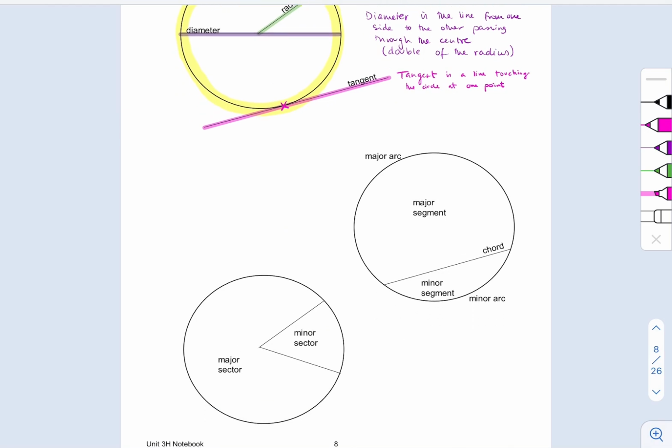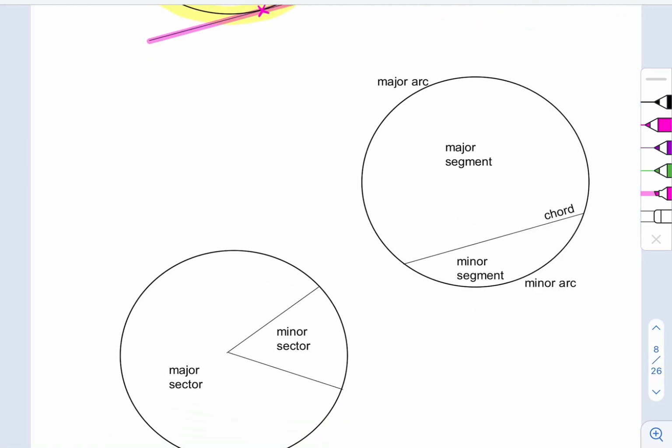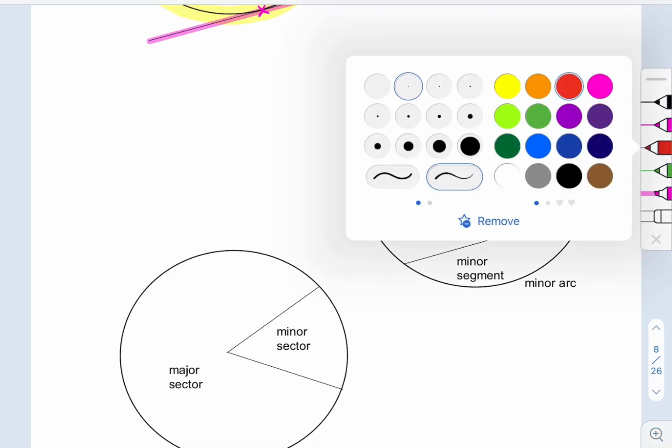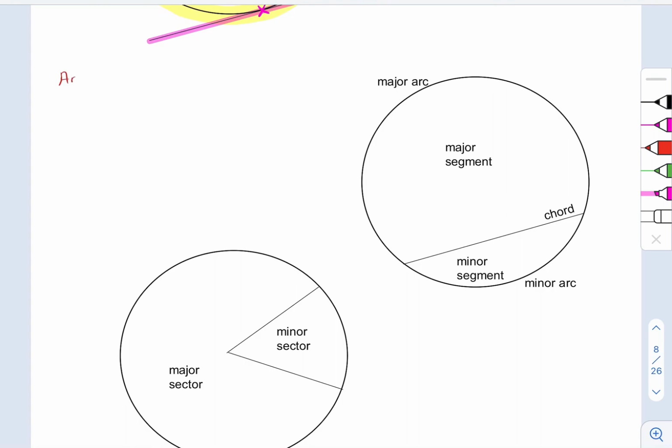If we go to the second circle, we're going to look at an arc. I'm going to just write the definition for arc first. So an arc is a section of the circumference. If you want to think about it, like a pizza crust.